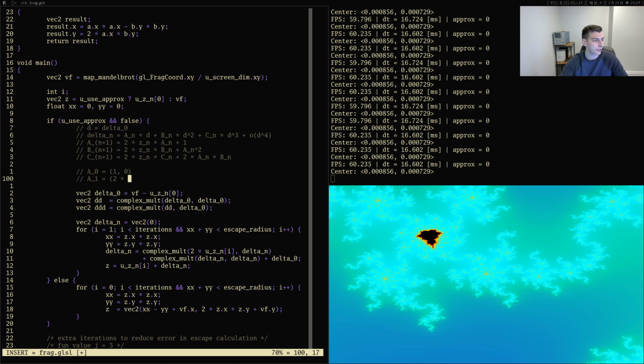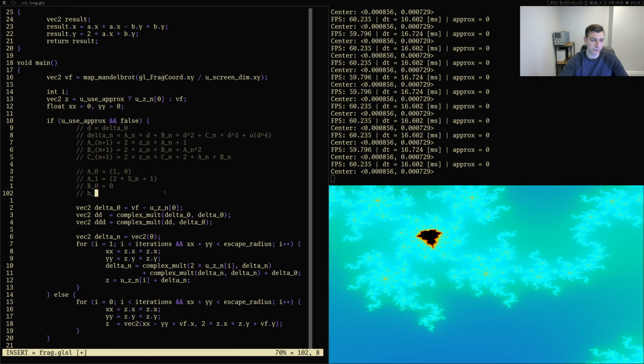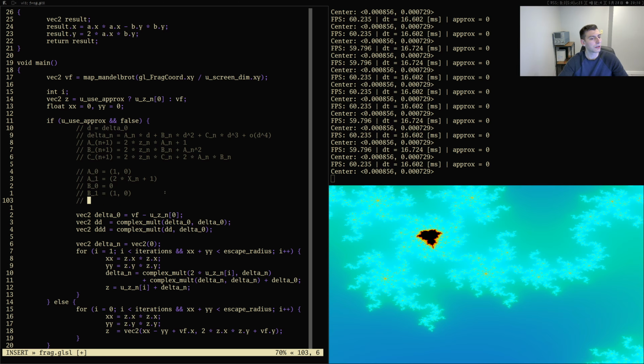2 times zn plus 1. And then b0 equals 0, b1 equals 1 0, and then I think we need to do the 2's as well, the second term, because that's where we get this first.